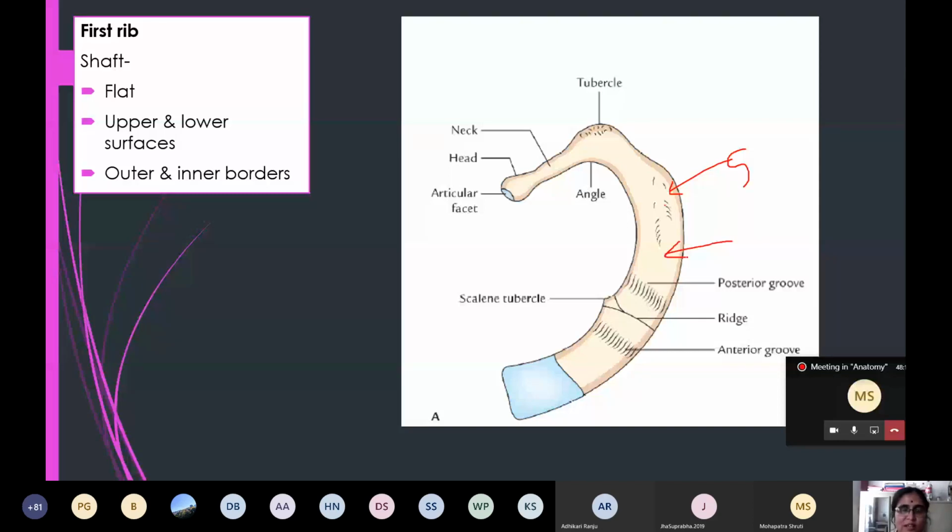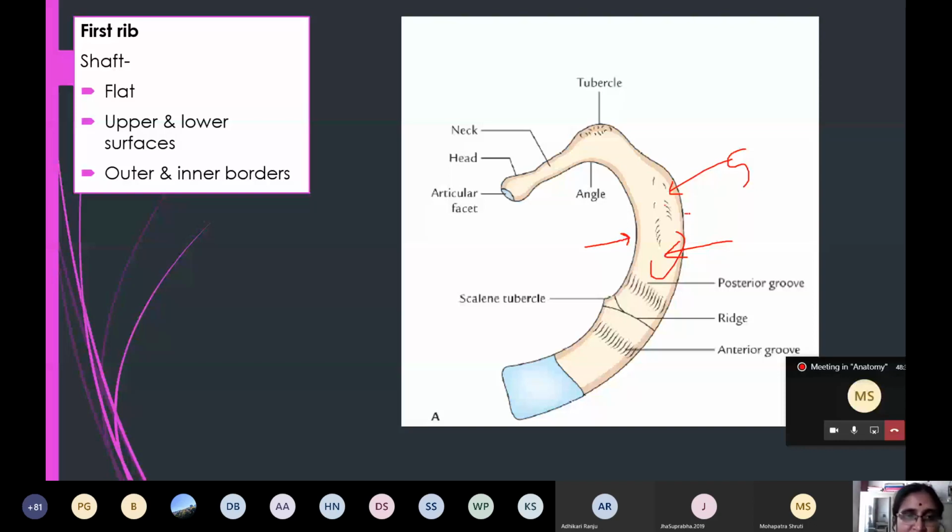Below is the lower surface, which is not seen in this picture. And it has 2 borders. In the typical rib, what are the borders? Upper border and lower border. But in the first rib, it is the outer border and the inner border.